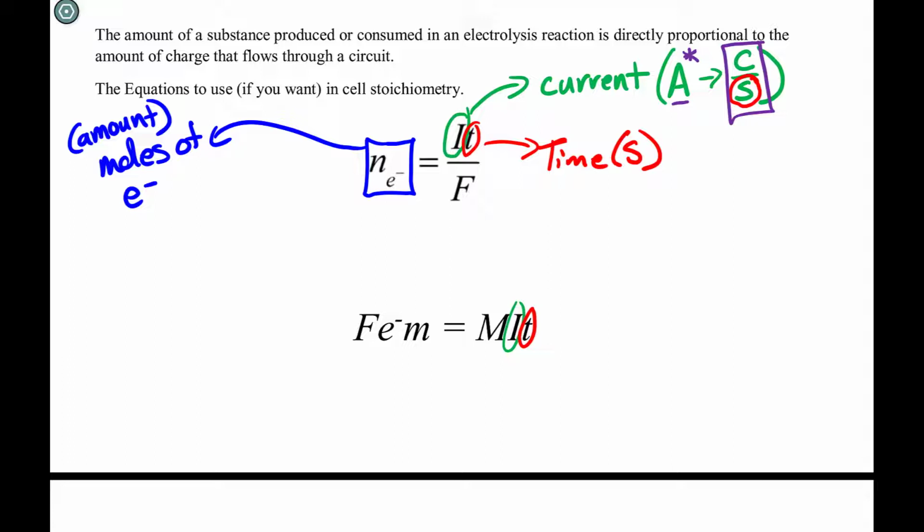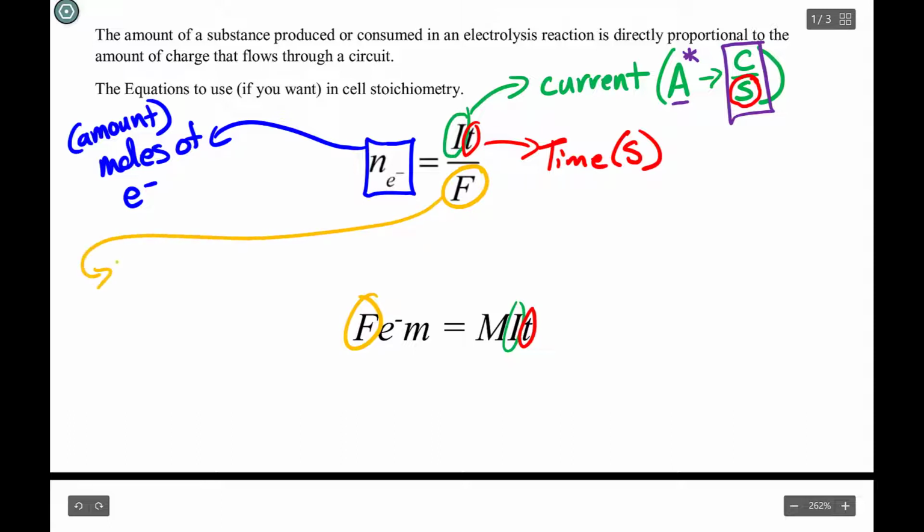F stands for Faraday's constant. Now, Faraday's constant is something that you do not need to memorize. It's going to be given on data sheets.